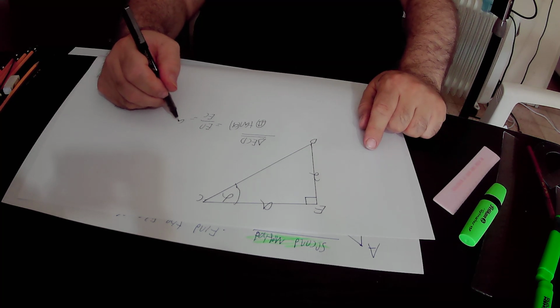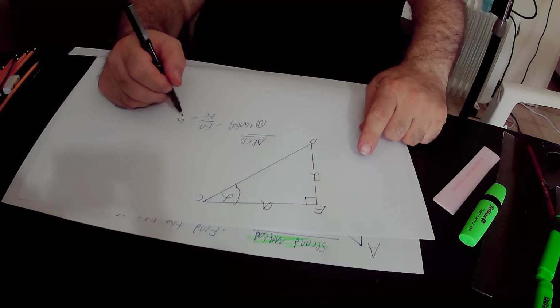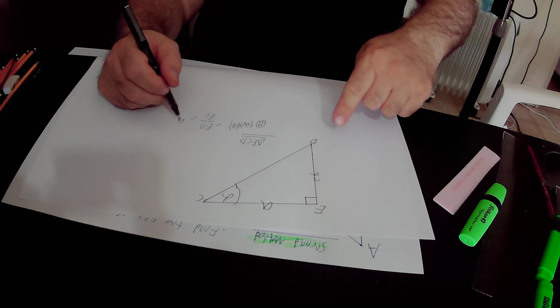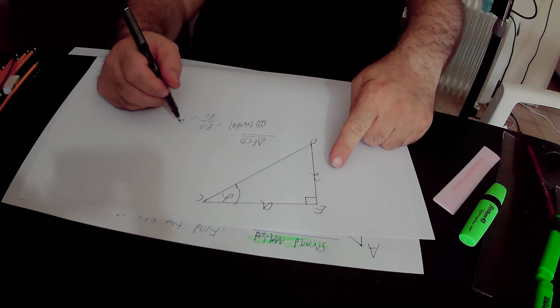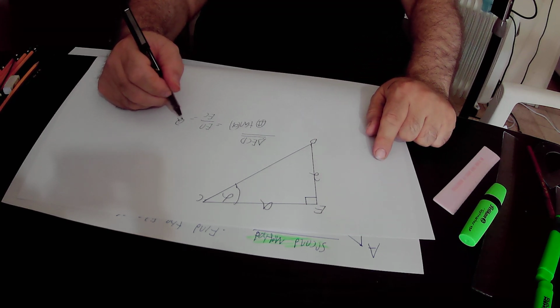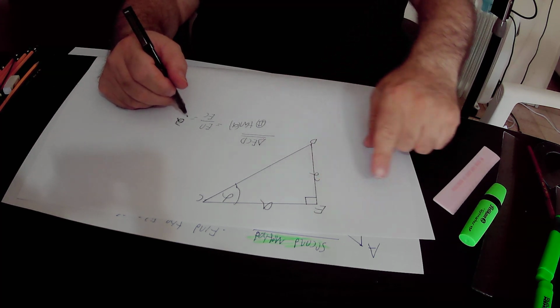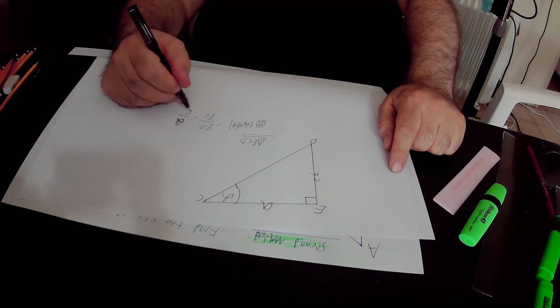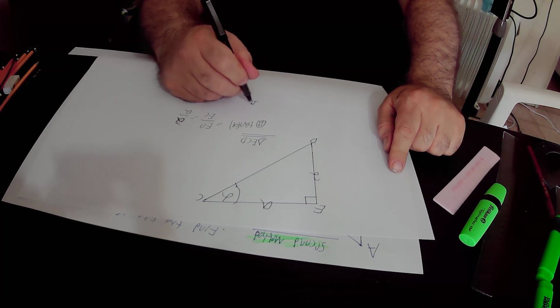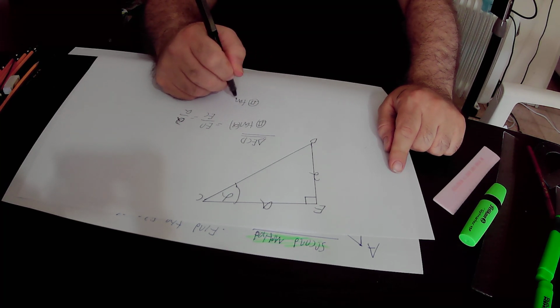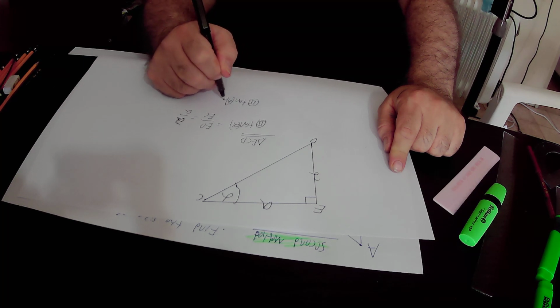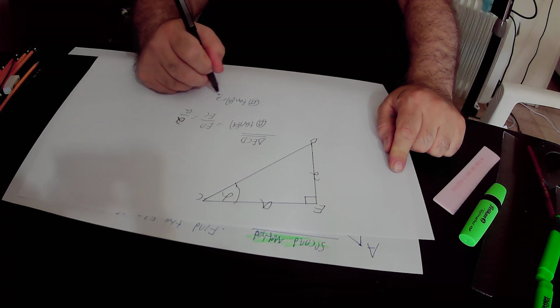ED is 2, and EC is A. So in conclusion, according to equation number 2, tangent alpha equals 2 over A.